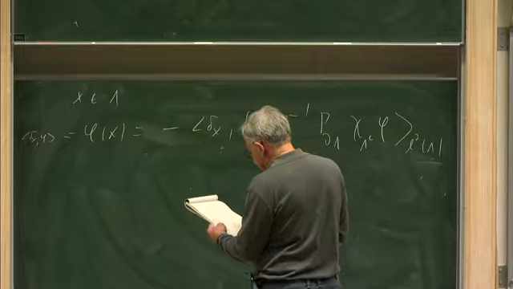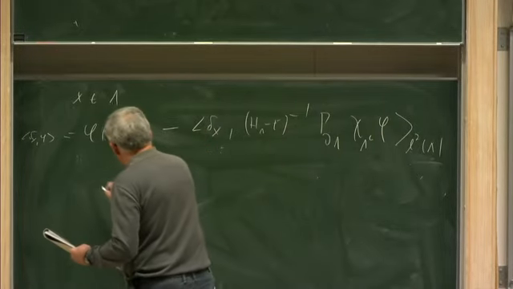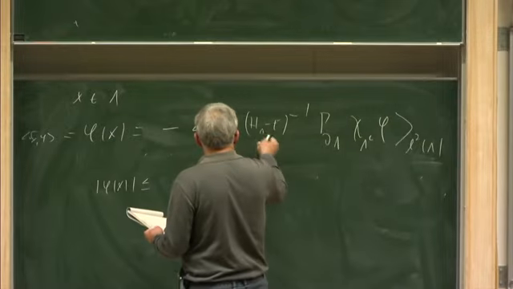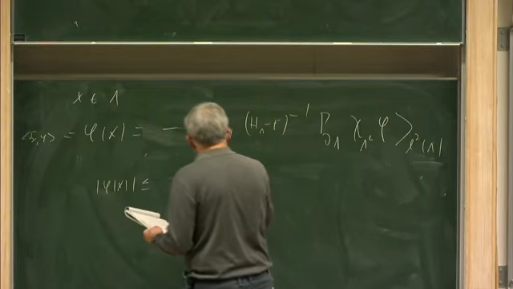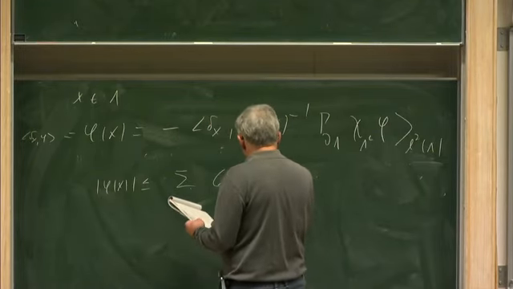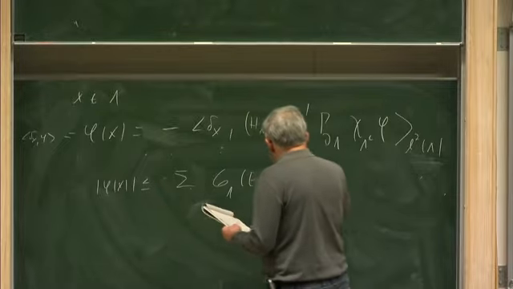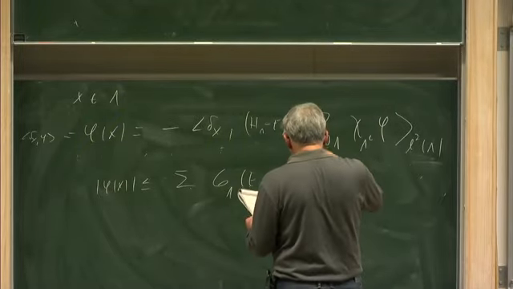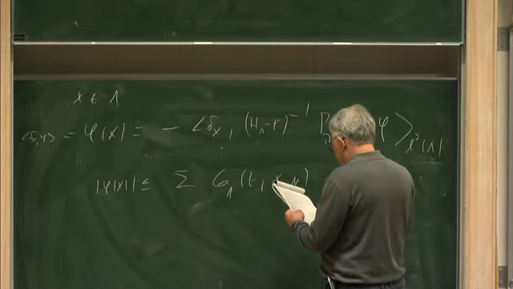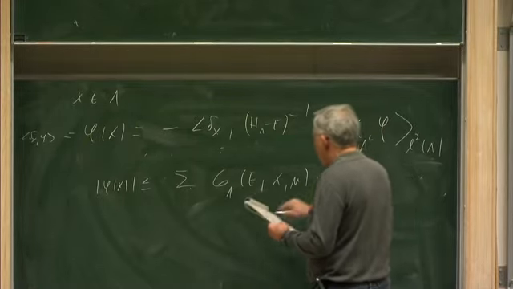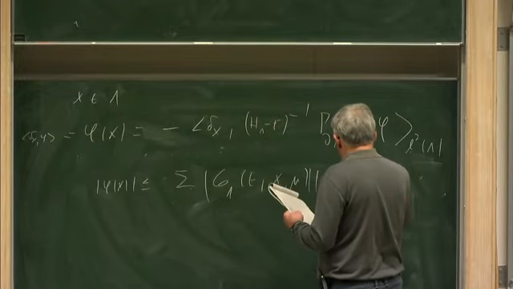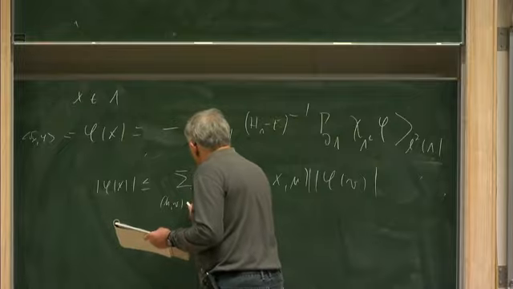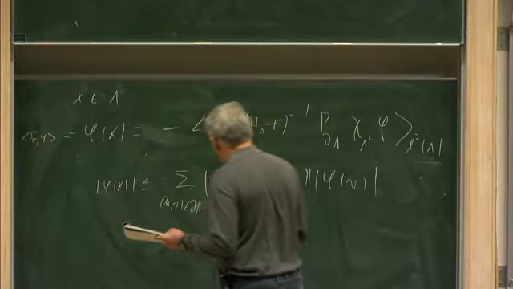So, what does it mean? That phi of x I can rewrite. This is a Green's function, summation of g lambda, that's this energy x u, phi, I should put absolute value, phi of v, where I'm summing really as before over all points u, v in the boundary of lambda.